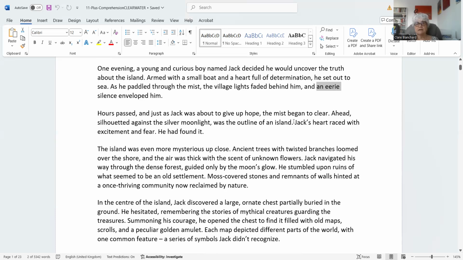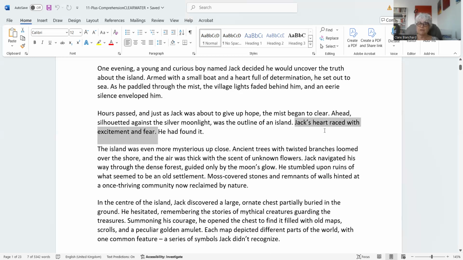Then I would say there are different things you could use, but I would look at this sentence. Jack's heart raced with excitement and fear. So what are we looking at here? It's a show, not tell.